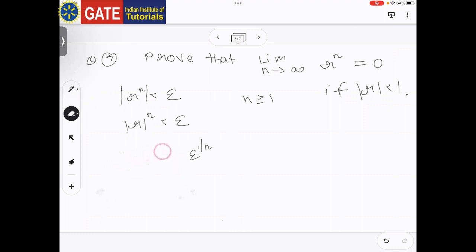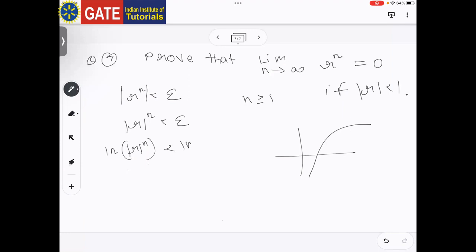So you do it this way. You take ln on both sides. Logarithmic is an increasing function. So ln of modulus of r raised to the power n is lesser than ln of epsilon, because ln is an increasing function.